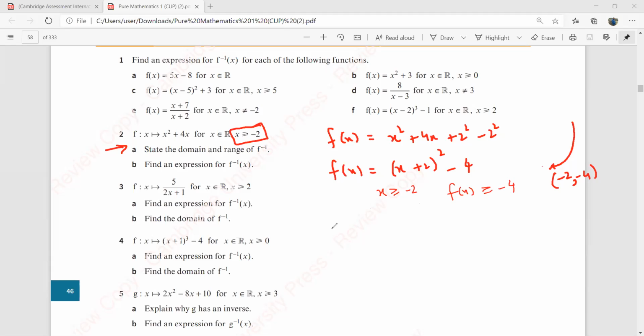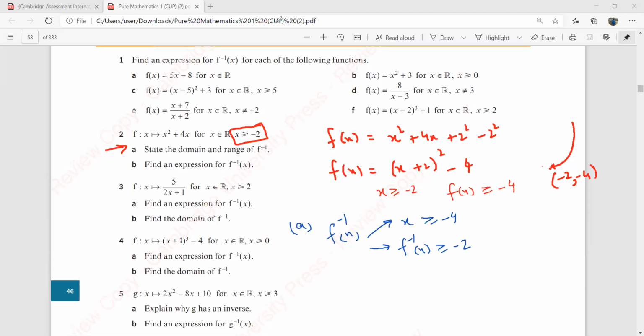Now, for f inverse of x, its domain is going to be x is greater than or equal to -4, and its range is going to be greater than or equal to -2. That is your part A's answer. The range becomes the domain.